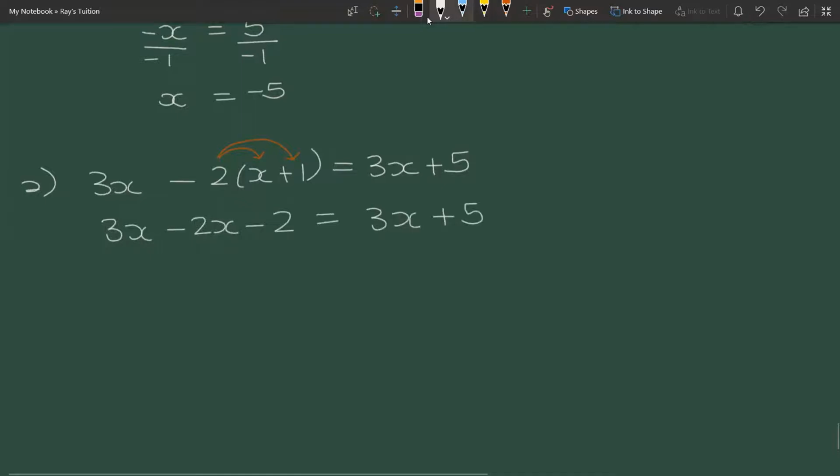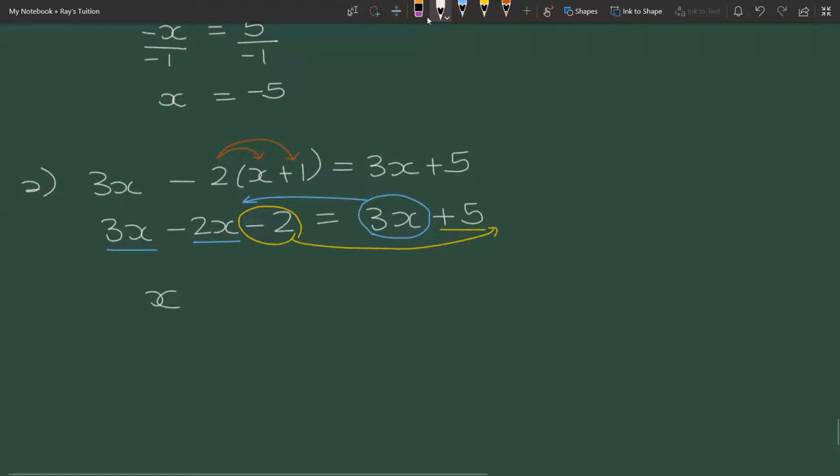And once again, we're then going to put all of the x's on one side and the numbers on the other side. So these two x's are on this side, and this one here, I'm going to take it over. And then the numbers I'm going to put on the right-hand side. So the 5 is there, and this -2 I will take over. So this here is 3x minus 2x, which is just x.